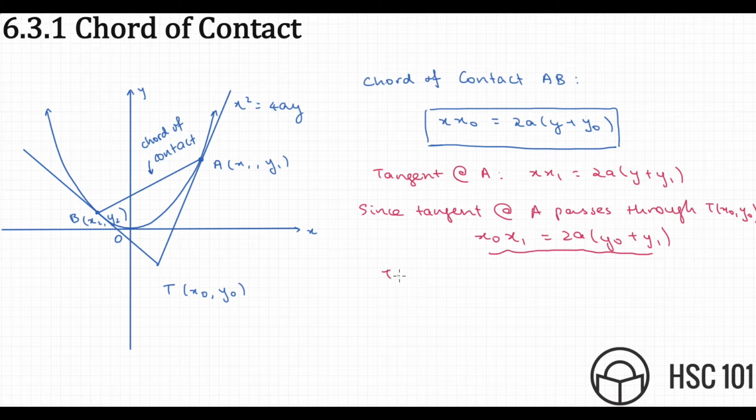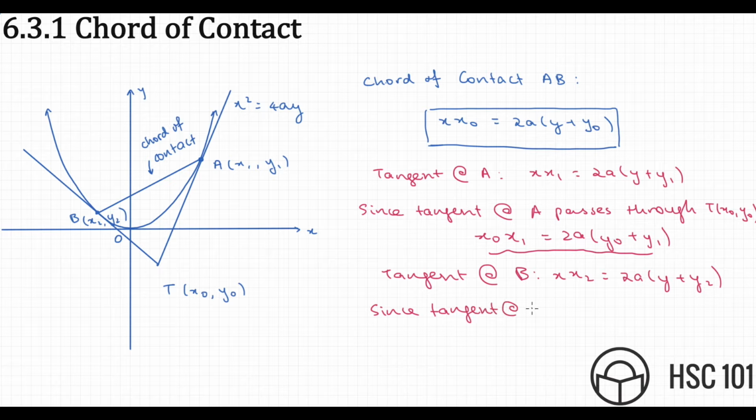And similarly, if I look at the tangent at B, which is given by x2 x equals 2a times y plus y2, we can say exactly the same thing. So since the tangent at B also passes through T, given by x0, y0, then we can say that x0 times x2 equals 2a times y0 plus y2.